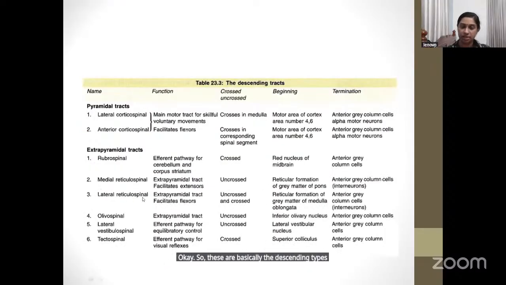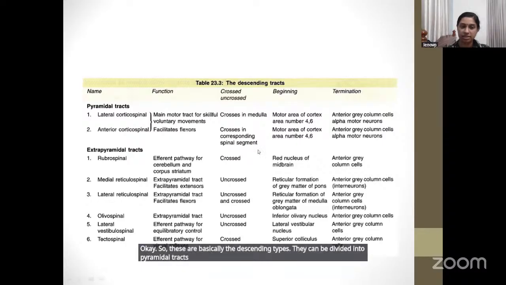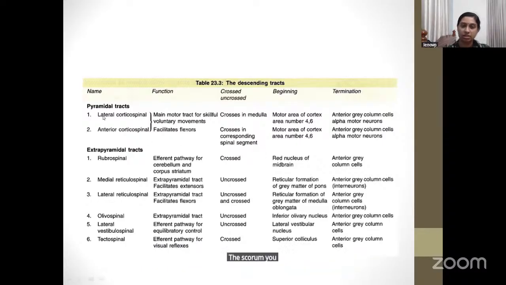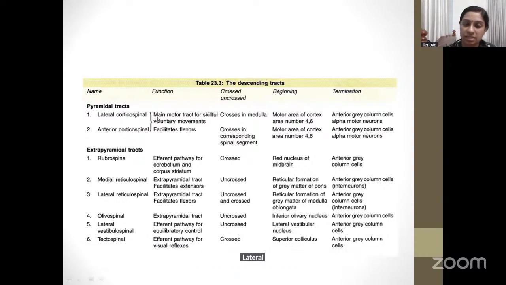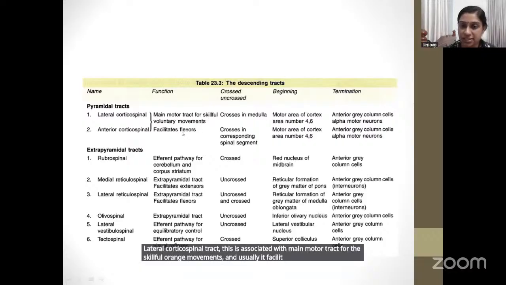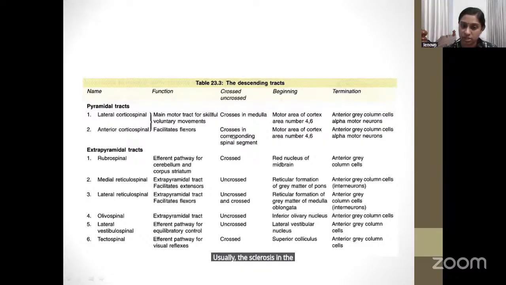They can be divided into pyramidal tracts and extrapyramidal tracts. This column you have to study. That is, what's the function of the corticospinal tract, both lateral and anterior. The lateral corticospinal tract is the main motor tract for skillful voluntary movements, and usually it facilitates the flexors. And usually this crosses in the medulla. Both of them cross in the medulla.